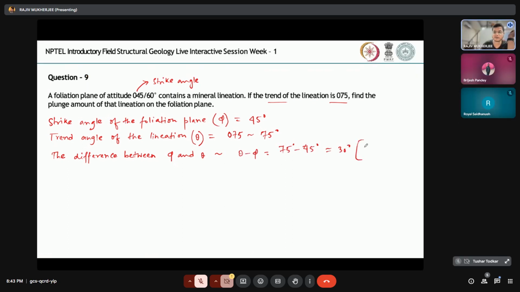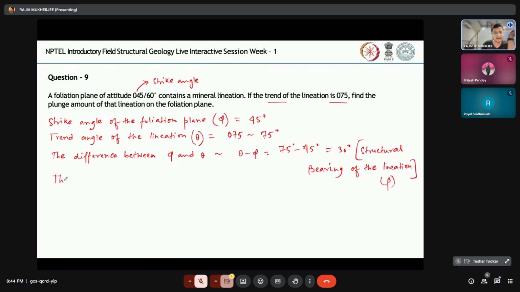This is known as the structural bearing of the lineation. And it is commonly termed as beta.